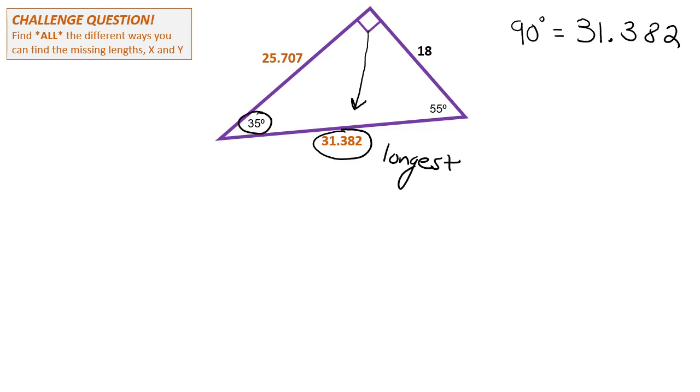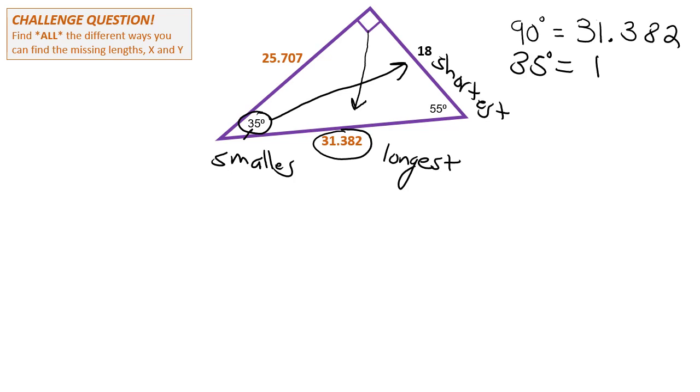Well, 35 is the smallest angle, and guess what? It is across from the shortest side. So 35 degrees is the smallest, and it's across from the shortest side.